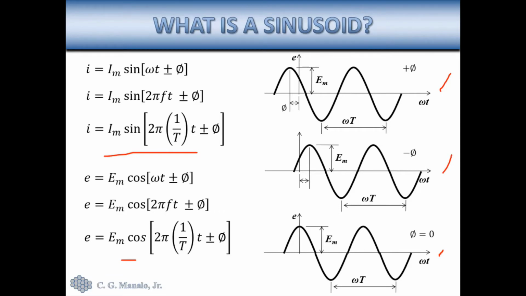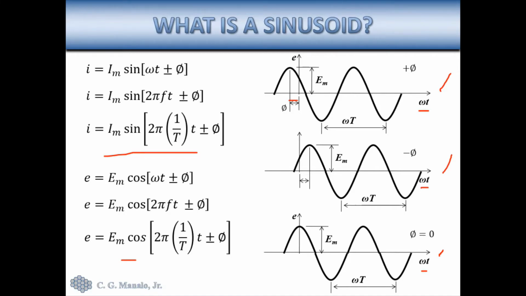Take note that this plot is in terms of omega t, which is actually in radians, and the offsets here are shown in degrees or in radians.